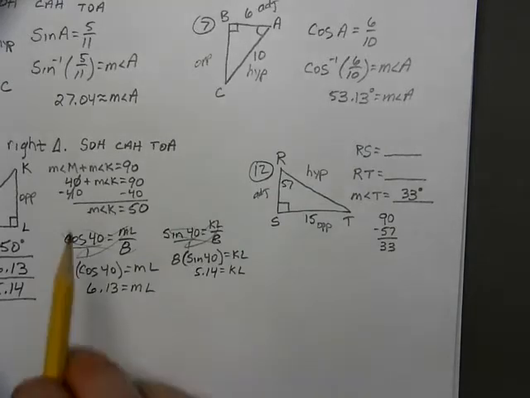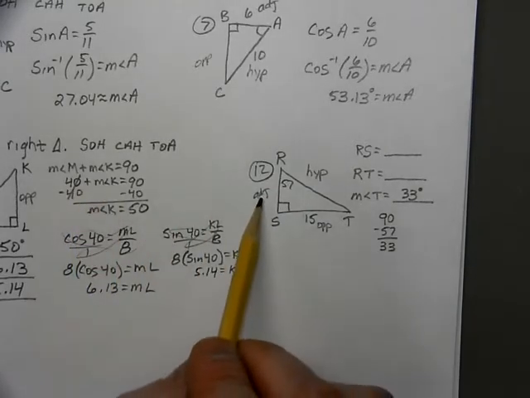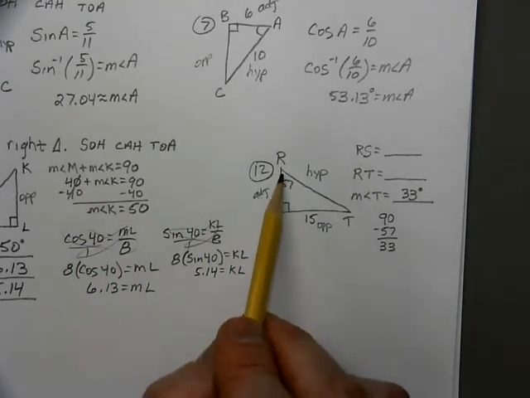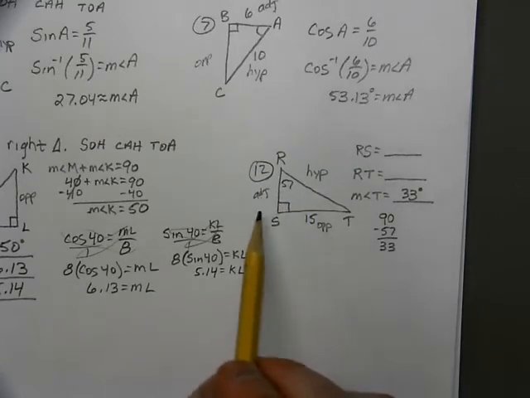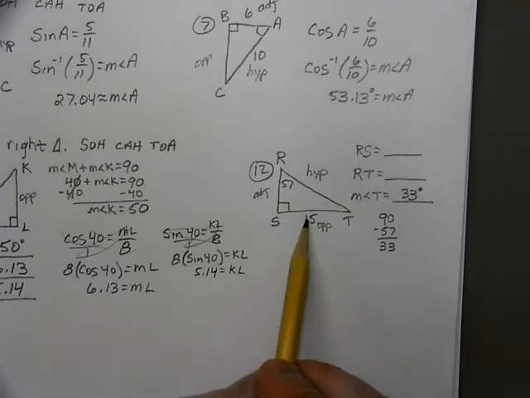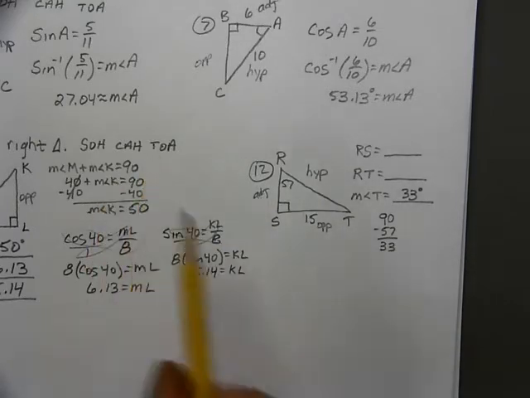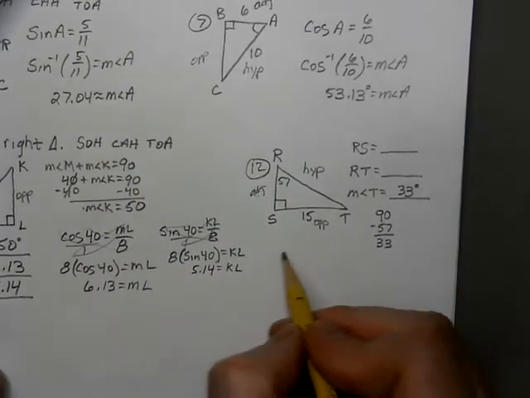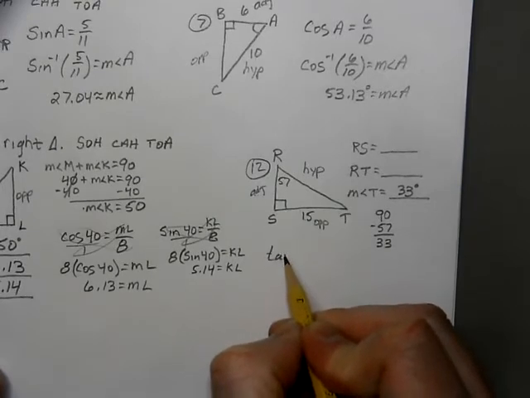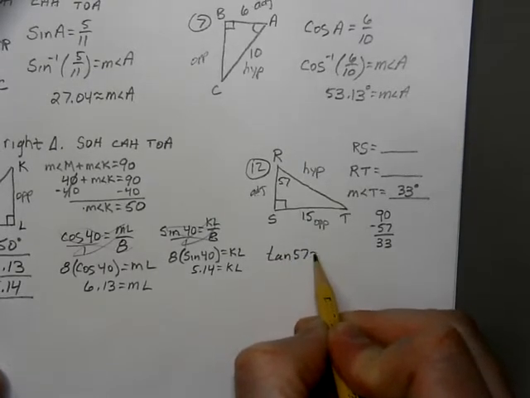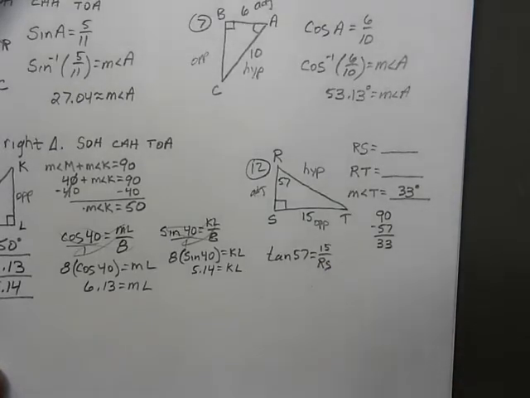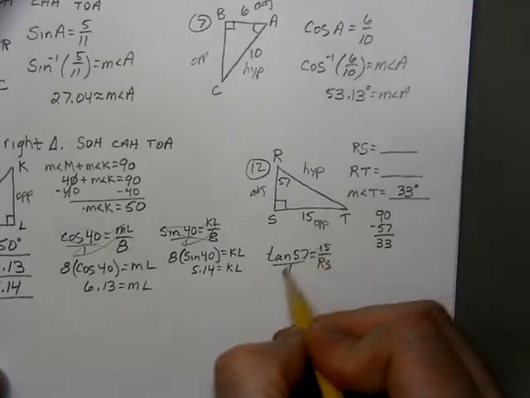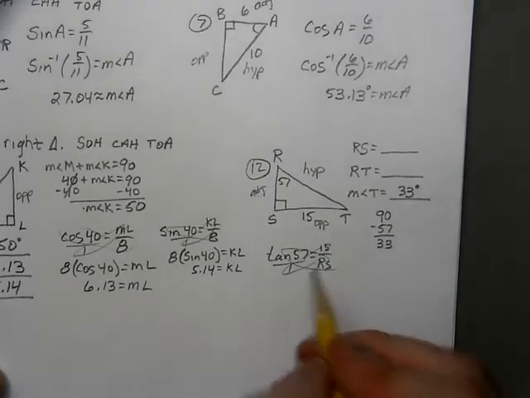So using SOHCAHTOA, we know to find the adjacent side, RS, we have to use the 15 because that's one of our number values. So opposite over adjacent, that's tangent. So tangent of 57 equals opposite over RS. We'll cross multiply.